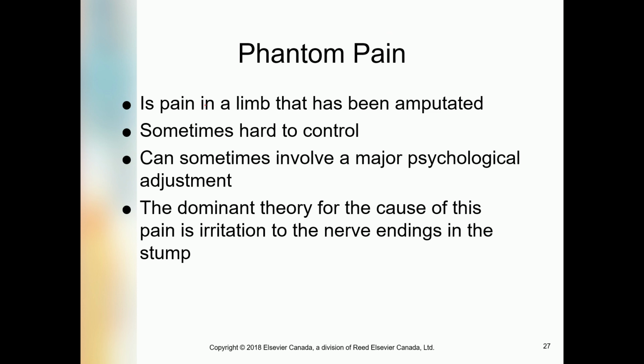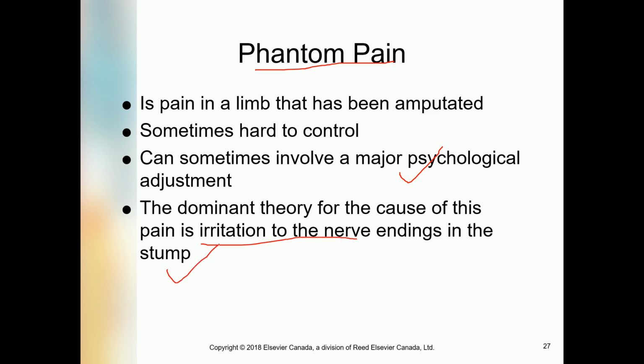Phantom pain is a pain in the limb that has been amputated, sometimes hard to control. See, this phantom pain is very hard to control. It can sometimes involve a major psychological adjustment. When people have the pain 24/7, it is very disturbing for the person's psychology. The dominant theory for the cause of this pain is irritation to the nerve endings in the stump.